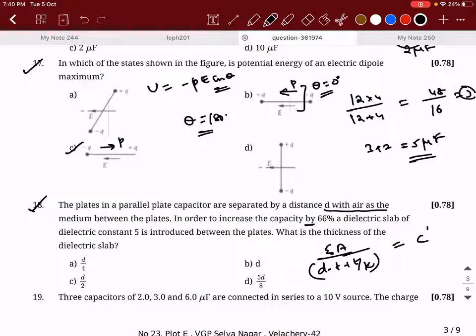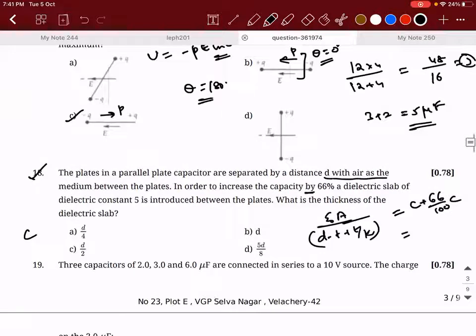Initially, if the capacitance is C, what will be the final capacitance? C plus 66 by 100 times C. So C dash will be equal to C plus 66 by 100 times C, that will be 166 divided by 100 times C.